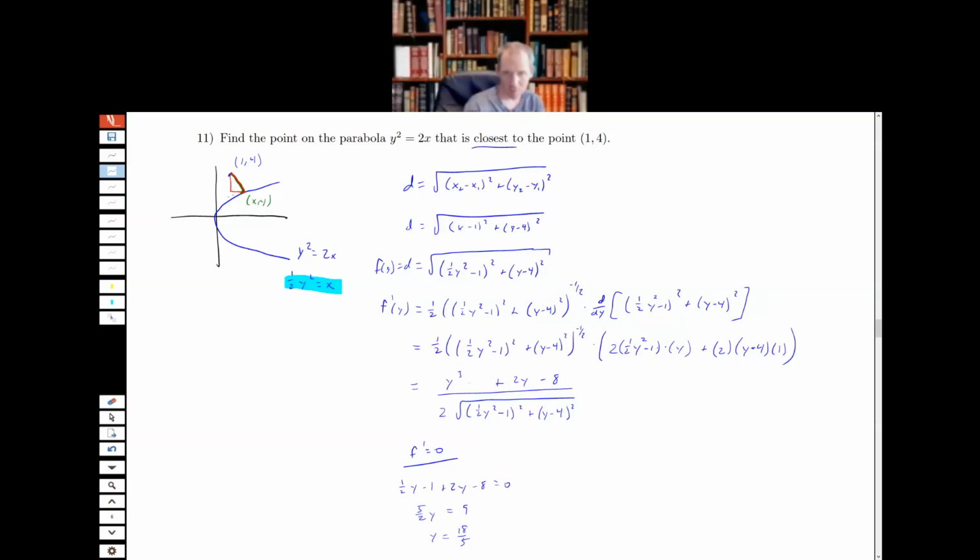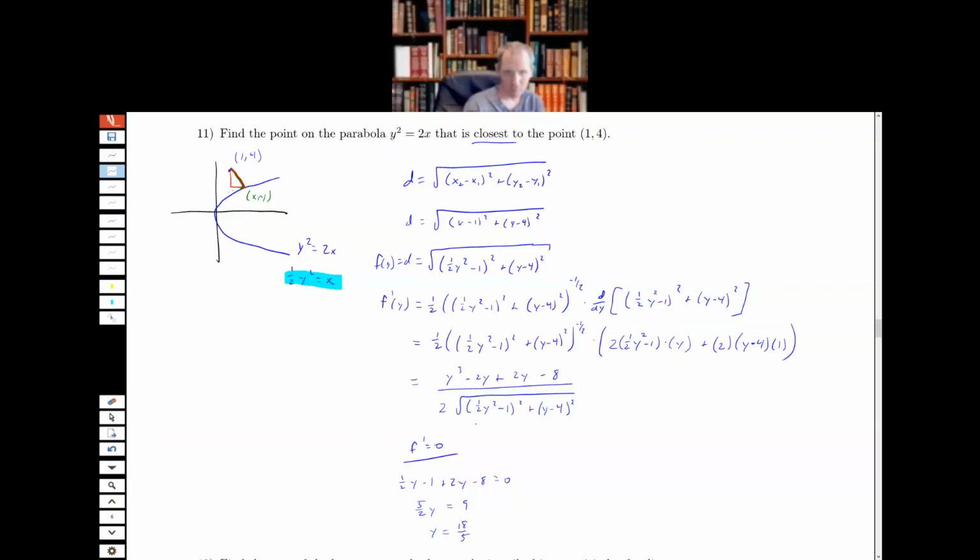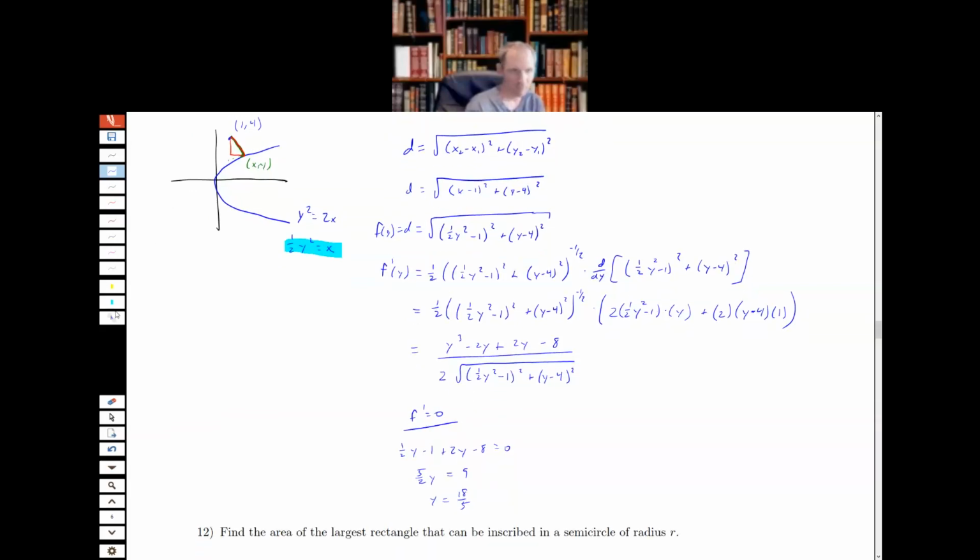And then 2 times y times negative 1 is minus 2y. Now when I set the numerator equal to 0, negative 2y plus 2y is 0. So we just get y cubed minus 8 is 0. Y cubed equals 8. So y is the cube root of 8, or 2.